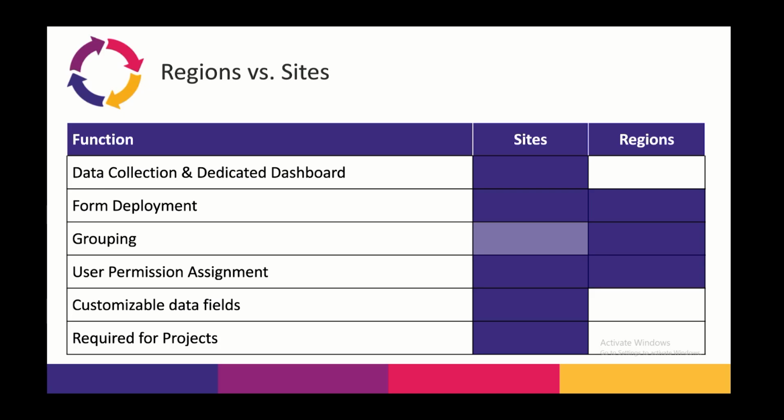Customizable data fields, the information that you can collect about the site or region, exist only for sites. For regions, you have preset options for what you must fill in, with no additional customizable data fields. Required for projects is only sites. So you don't need a region for your projects. If it doesn't help you for your project, then best not to include it.